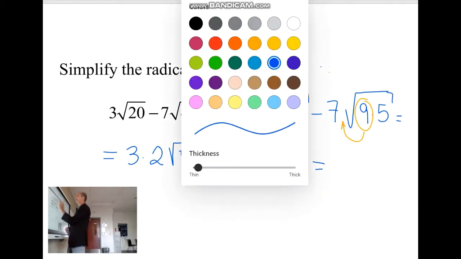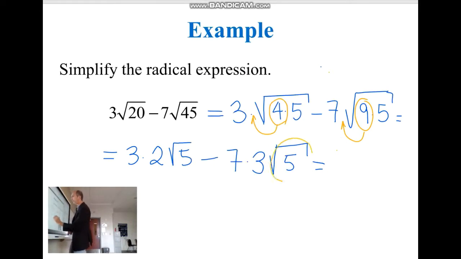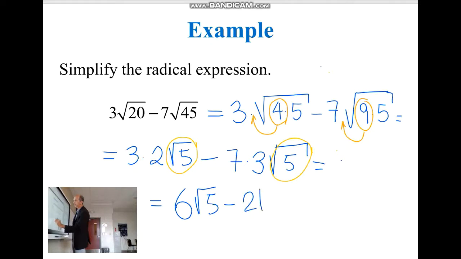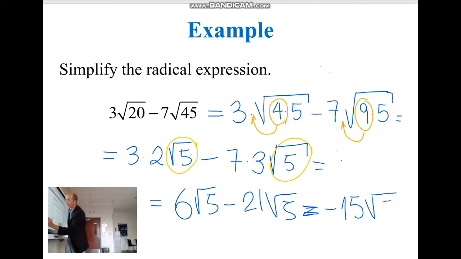Now check it out, we have like radicals: square root of 5 and square root of 5, so we can combine them. 3 times 2 is 6 square root of 5, minus 7 times 3, 21 square root of 5. So this is equal to 6 minus 21, negative 15, square root of 5.